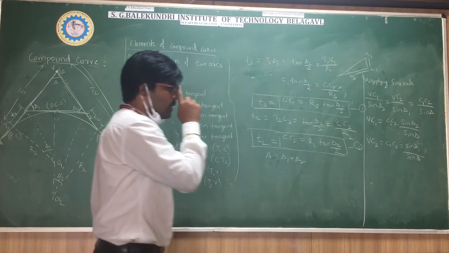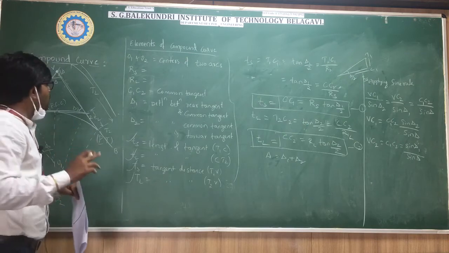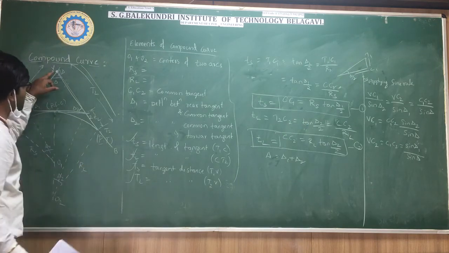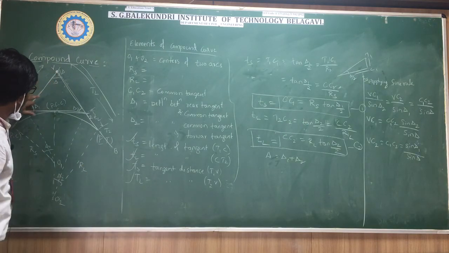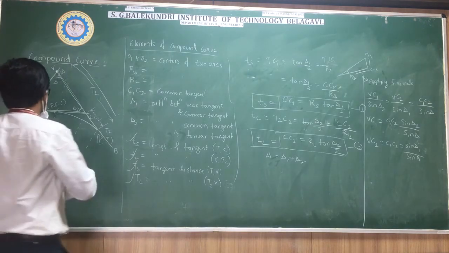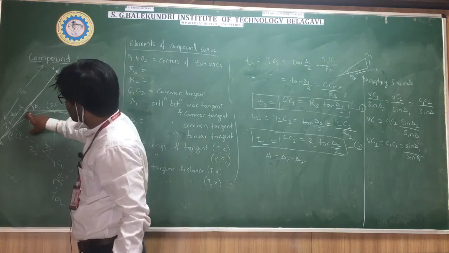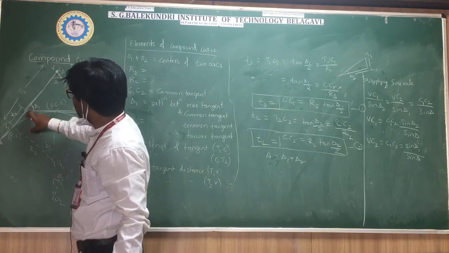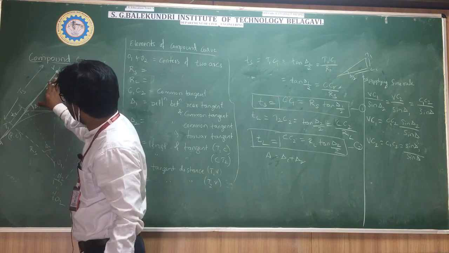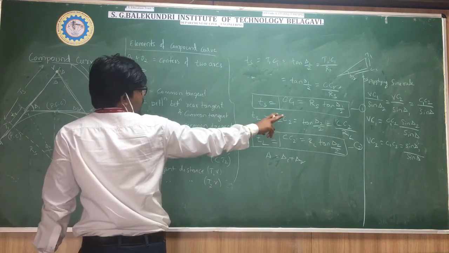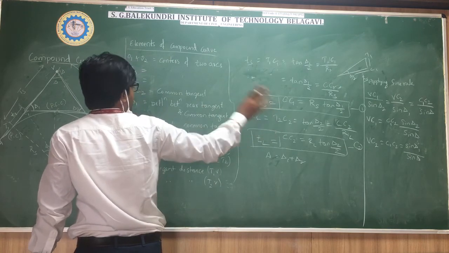Yes, this is what VC1 and VC2 are. You just see the figure. This is VC1, okay. VC1 can be calculated by C1 C2 sine delta 2 by sine delta.